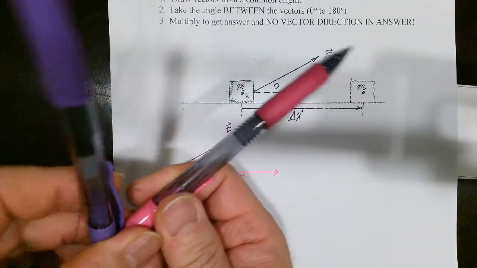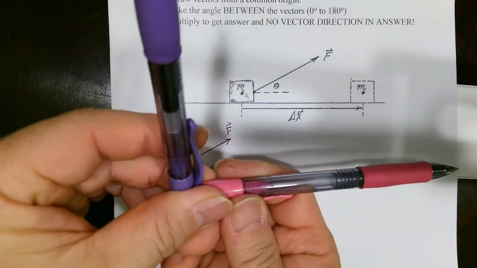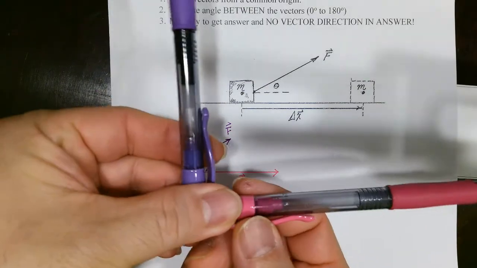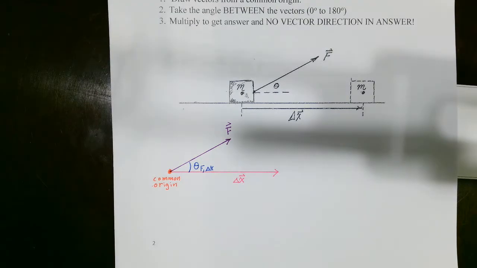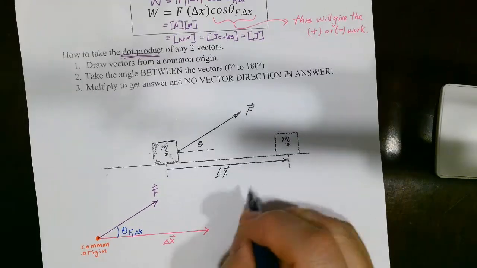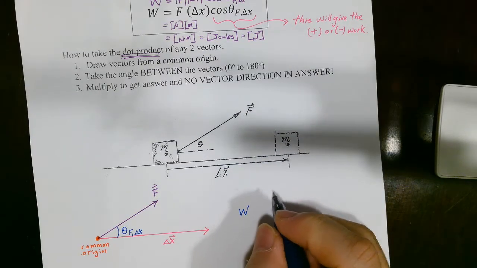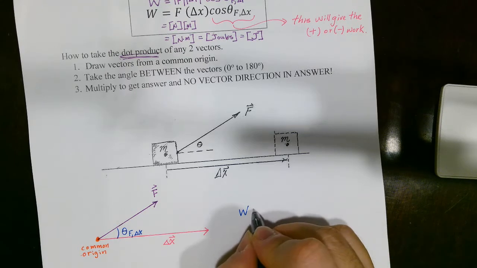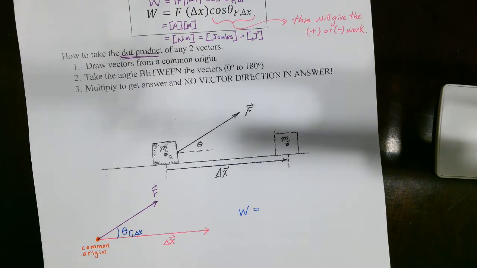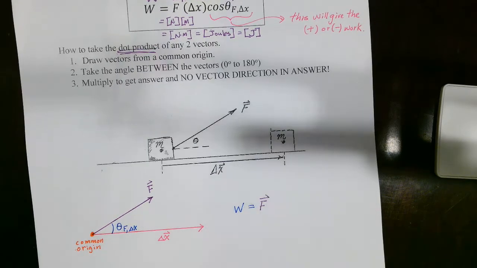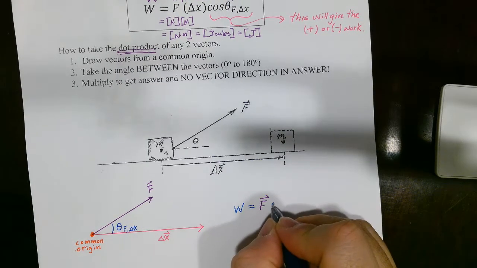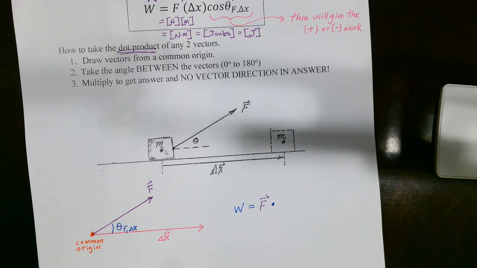But if it's like this, at 90 degrees, your work will always be zero. So your work is equal to F dot delta x.